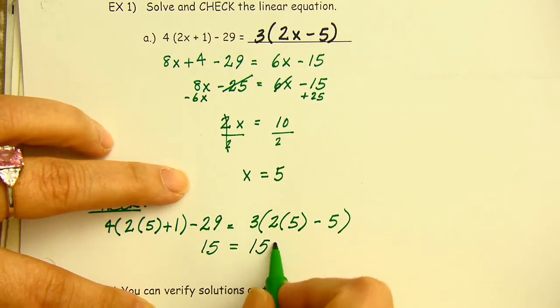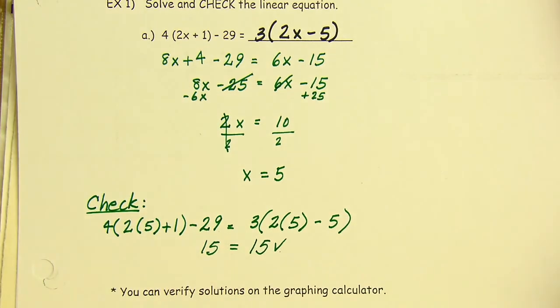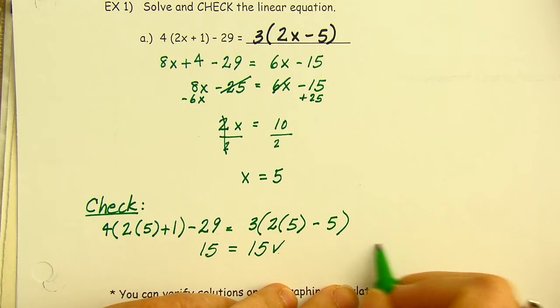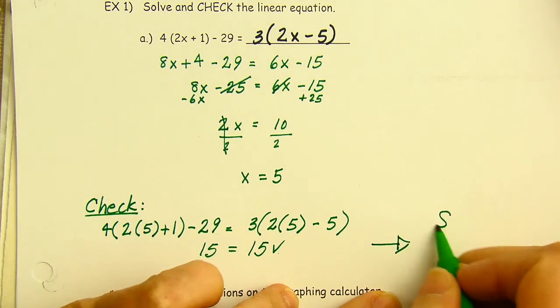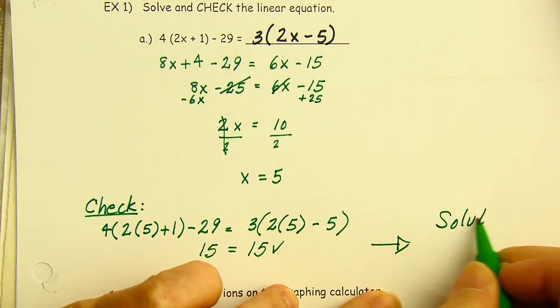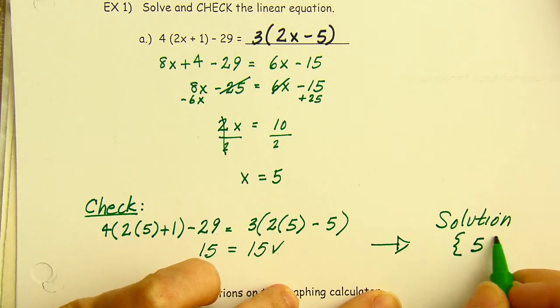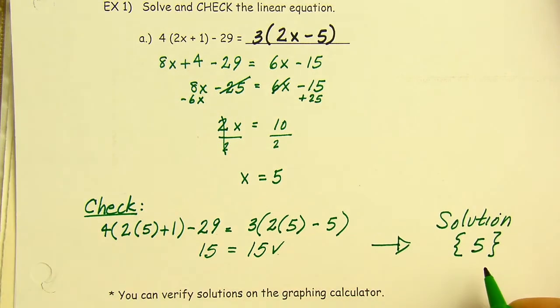I have verified the check, and I can now be 100% certain that my value of 5 is a solution. Because of the check, I can say my solution is 5. You must use set notation, okay?